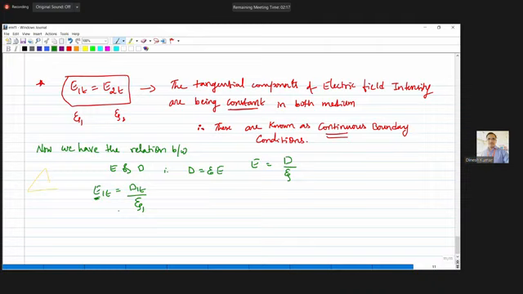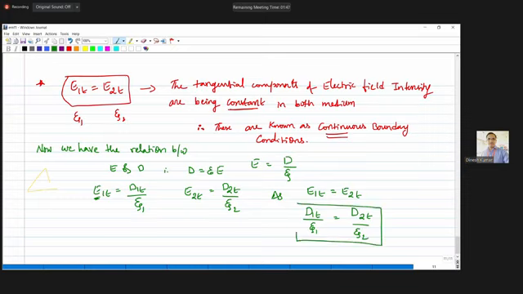Similarly, E2t will be equal to D2t divided by epsilon 2, since it is the epsilon 2 medium. As E1t is equal to E2t, D1t divided by epsilon 1 is equal to D2t divided by epsilon 2.